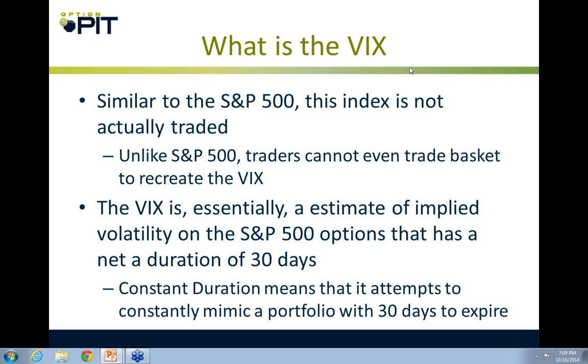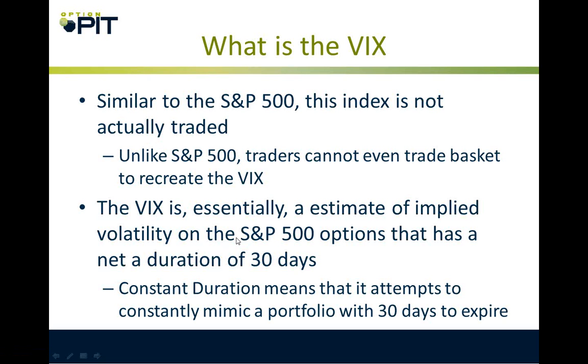So today, the settlement of VIX was what a basket of options with 30 days to expire would price. Tomorrow, it will be what a basket of options with 30 days to expire would price. In 6 months, it will be what a basket of options with 30 days to expire on the SPX would be worth. That is what the VIX measures.